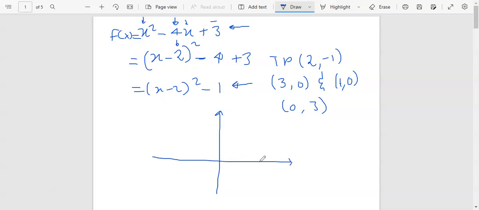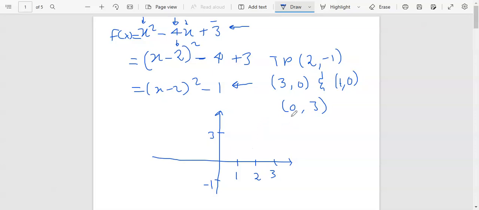So the x values, we have got a positive 3, a positive 1. We also have y being equal to positive 3 somewhere, and y being equal to a negative 1 somewhere. And then we also have a positive 2 for x. So I'm just going to put these coordinates.